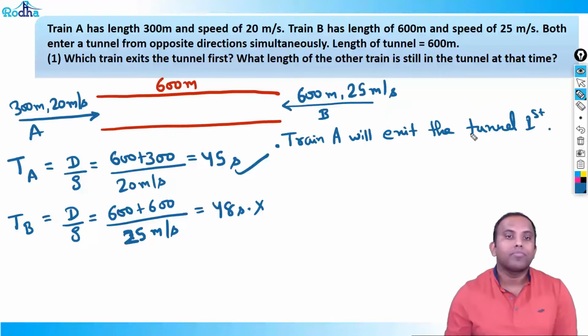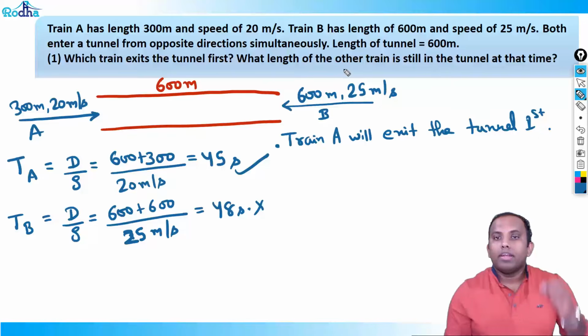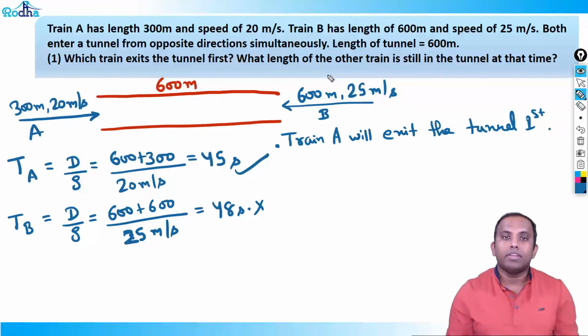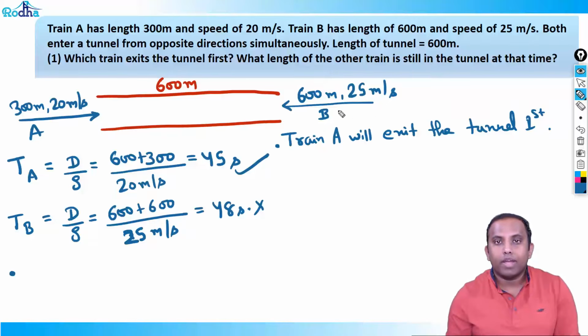Okay, this is the first part. Now next part. What length of the other train is still in the tunnel at that time? So we can solve it. See here. In 45 seconds, train A is exiting the tunnel.